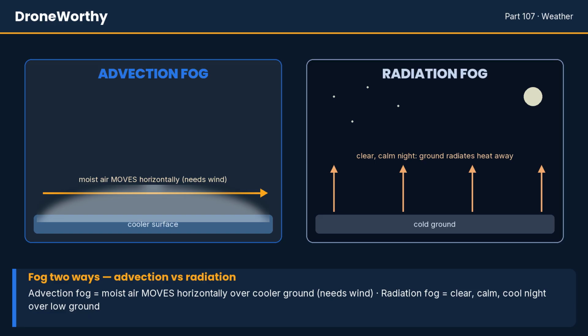A clear, calm, cool night where the ground radiates its heat away and chills the air just above it. Here's the tell. Wind and clouds kill radiation fog, but wind is what feeds advection fog. So if the question mentions moving air over a cooler surface, it's advection. If it's a clear, calm, cool night, it's radiation.